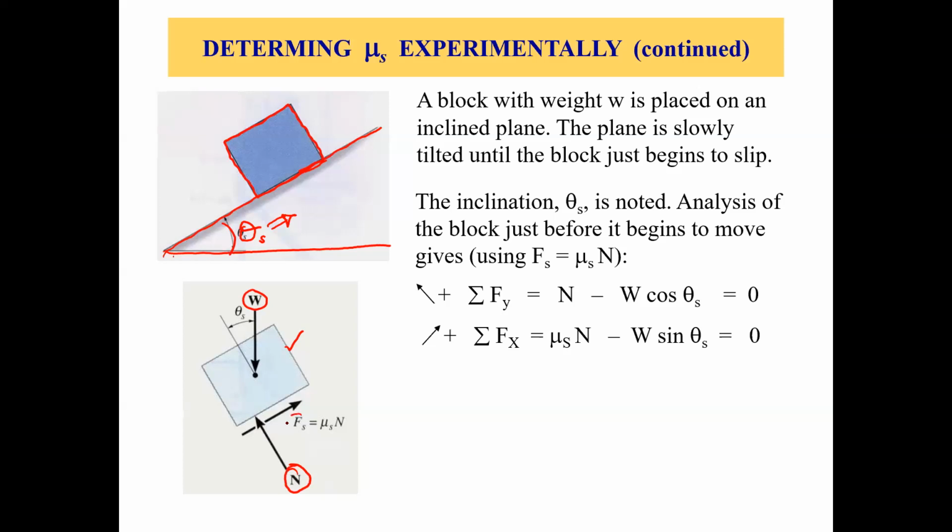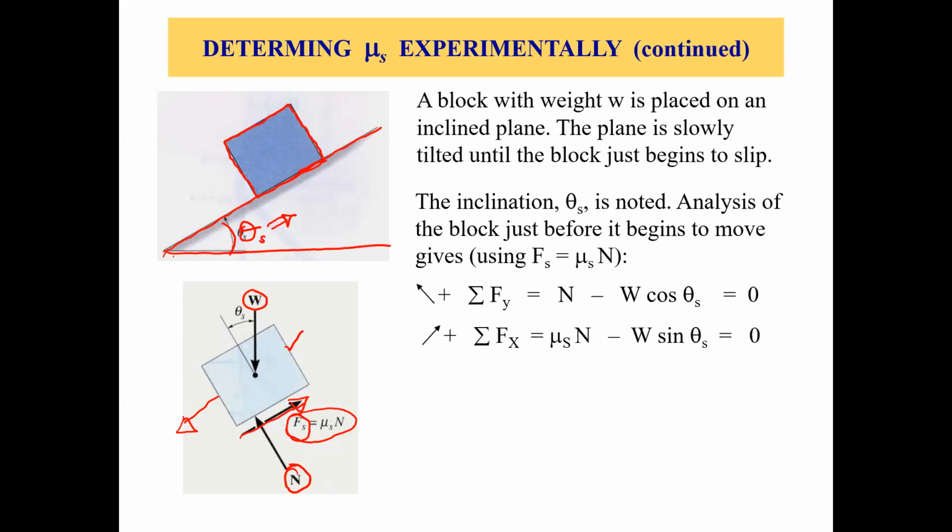We have Fs, which equals mu s times N. That is the friction force, because the block is moving in this direction, so that's why the friction force is in this direction. Okay, this is the free body diagram.